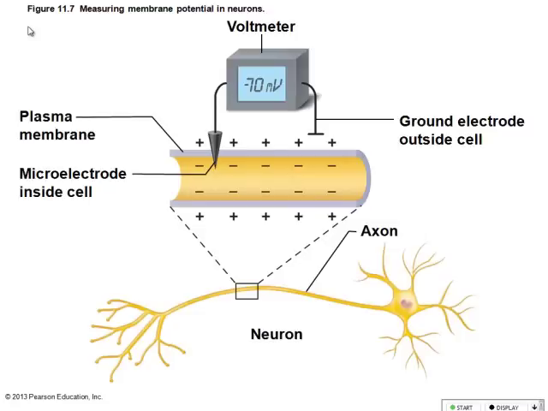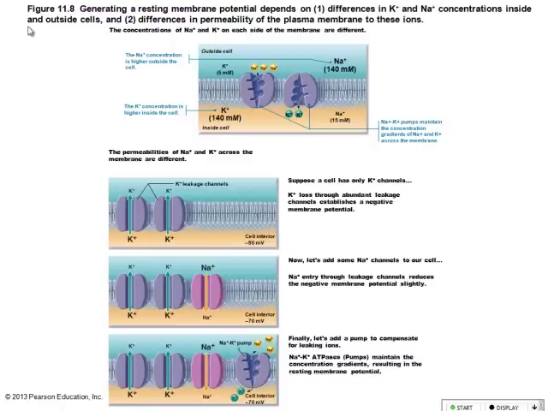If I took a voltage meter and measured the charge inside of the cell, I would get about, and this is an average number, minus 70 millivolts. That would be the inside charge of a cell at rest. Keep that in mind because that's important when we talk about an action potential.